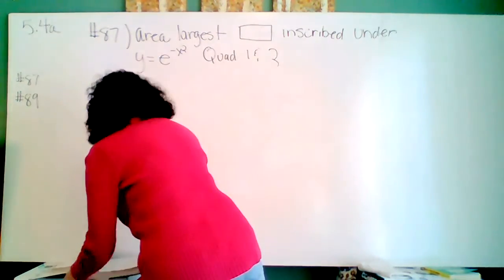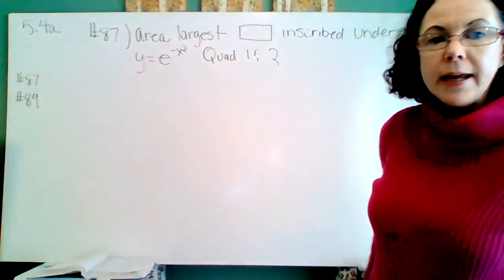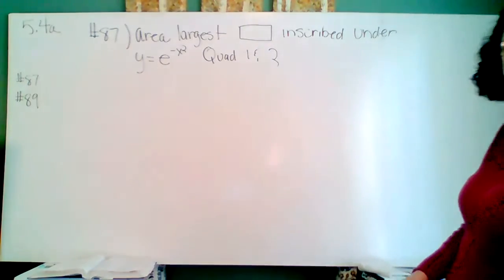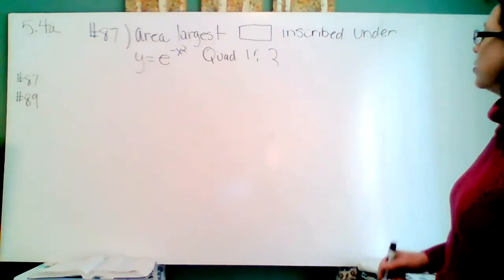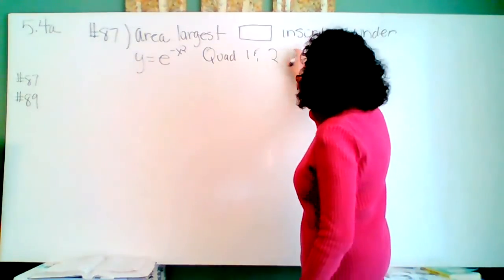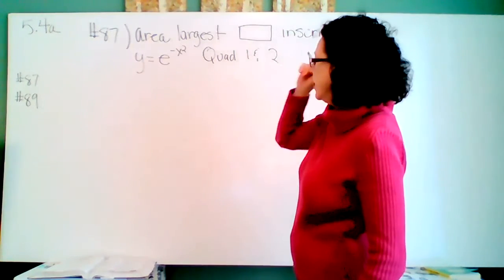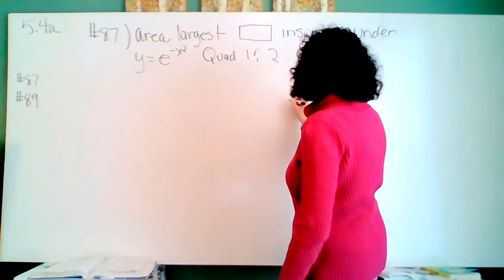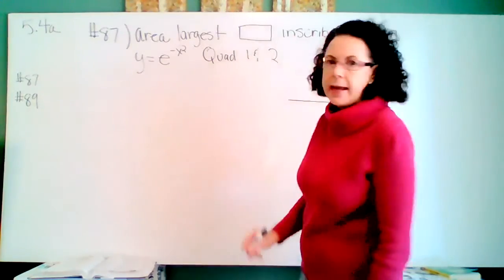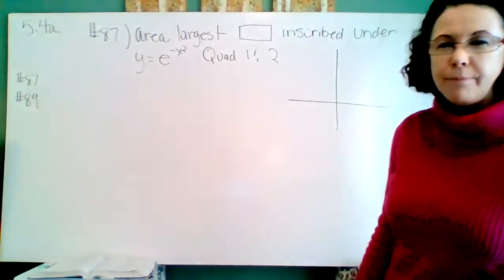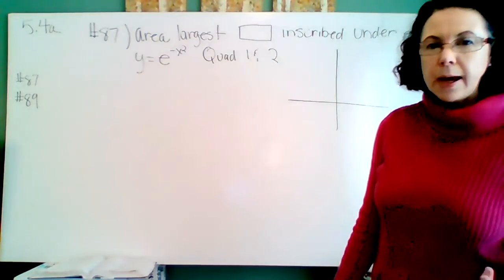Okay, so I think what would help me here is if I drew a picture for myself. So let's take a look. Notice y equals e to the negative x squared is not really a function that I'm familiar with, okay?